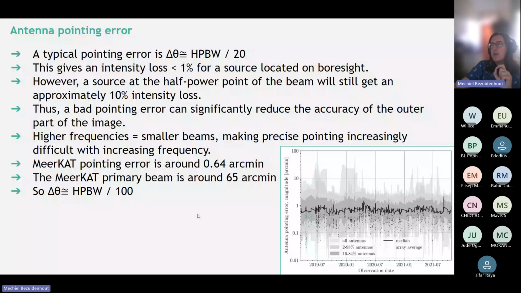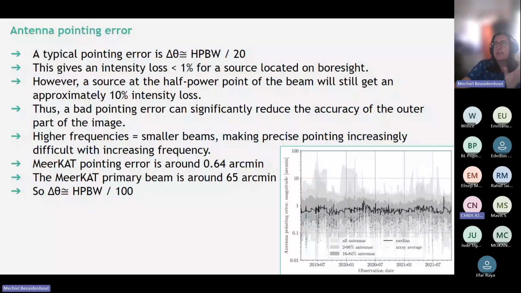Remember, in radio astronomy we're talking about the order of arc seconds, which is 1 degree, the full sky divided by 360 degrees, and then 360 degrees divided by 3600. So it's a very tiny resolution on the sky, and if you have this big dish, a small error in the drivers of the telescope and the actuators can result in a big error on where it's pointing.